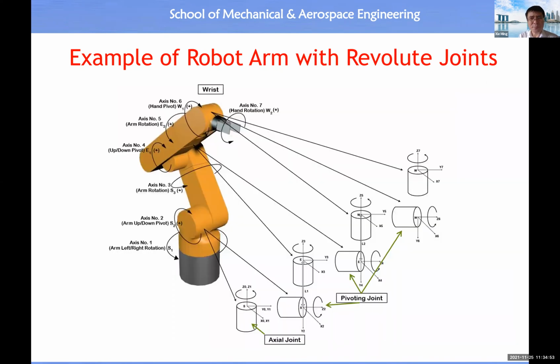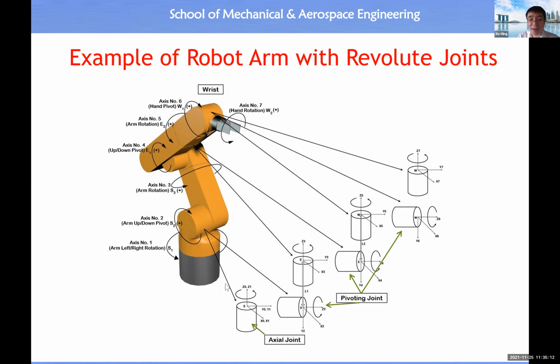In the video, you have seen that this type of robot usually has 6 axes of rotation, and each axis is driven by one motor. Each axis is a rotational axis.